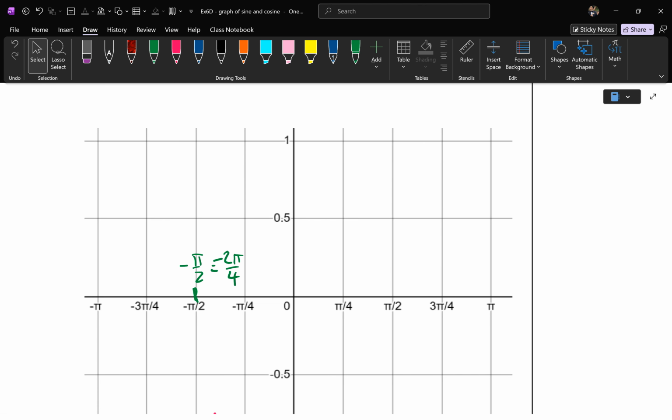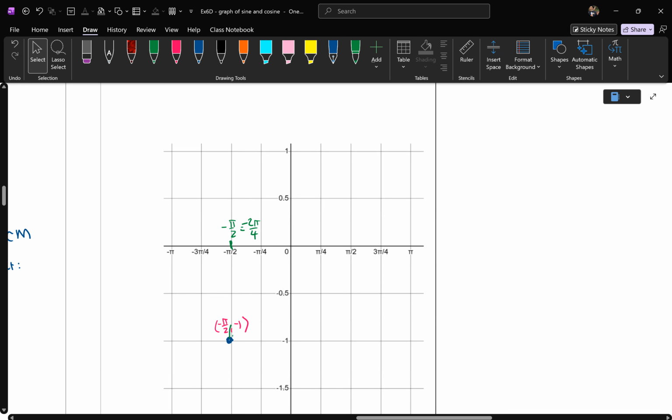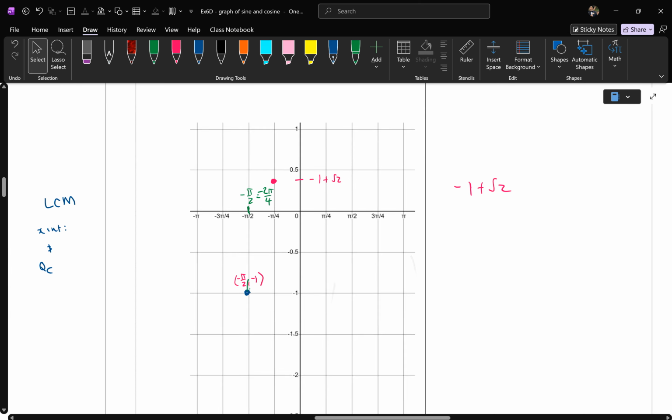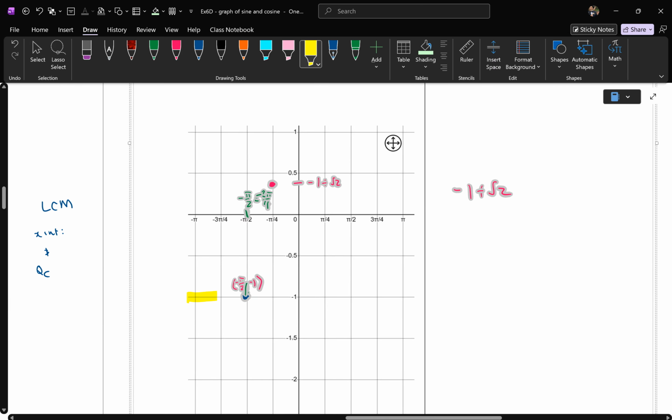So you don't know where it is exactly, but you can get a general view. Okay, so negative 1 plus root 2. Let's estimate it. Let's say it's here. Then the maximum point must be around here. So this is your middle line.